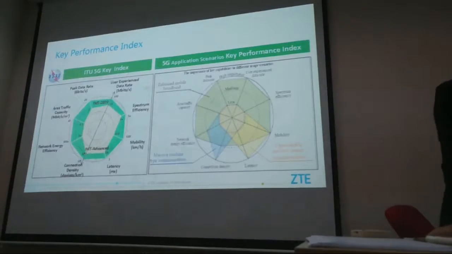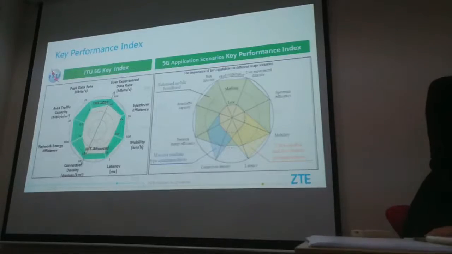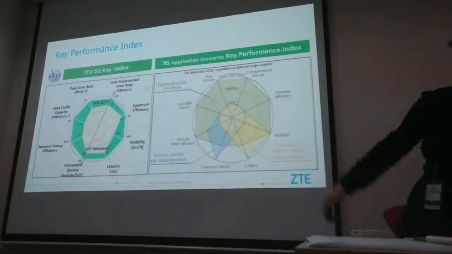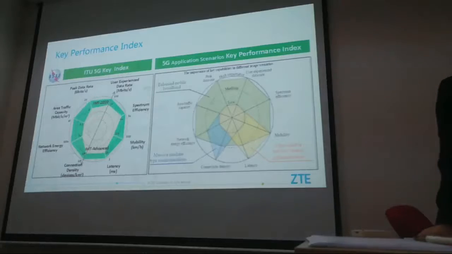In 5G, actually the different parameters relate to one service. For example, the peak data rate will be around 20 gigabits per second. So this is the peak. Usually we cannot experience the peak, right?